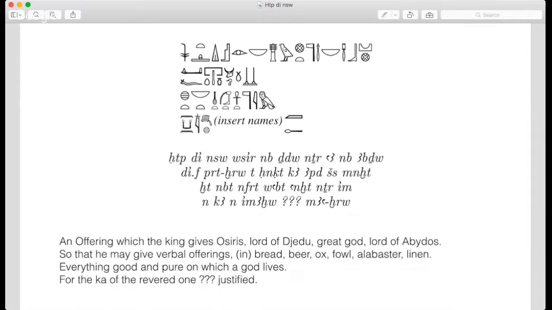What we have at the top is written in Sesh Medunecha, the hieroglyphics. What we have here in the middle is the transliteration, written in a diacritic system, so you can see some diacritic marks on some of the words.